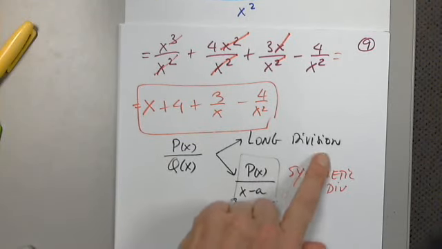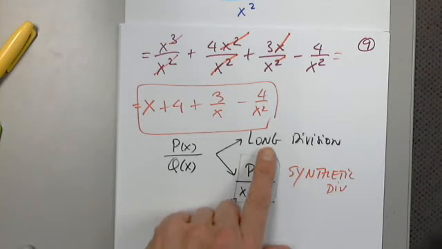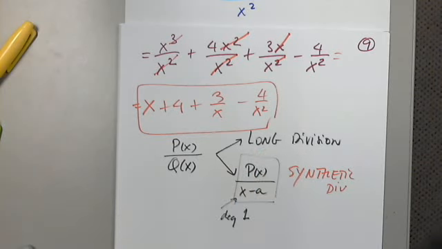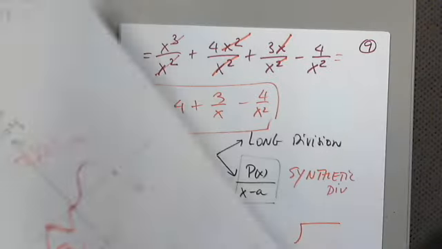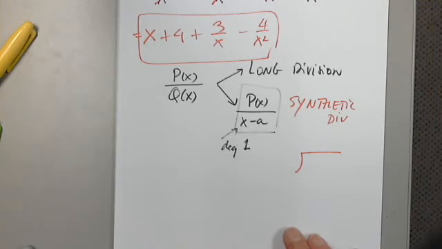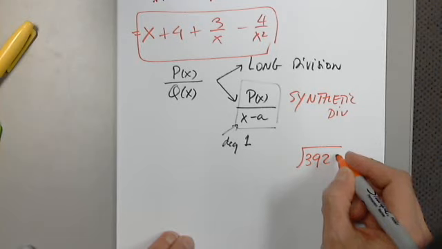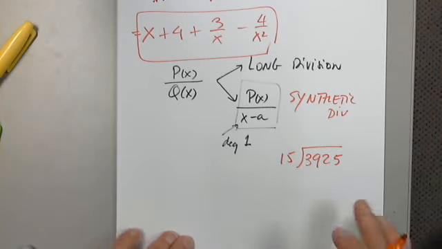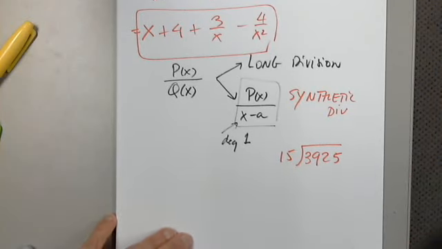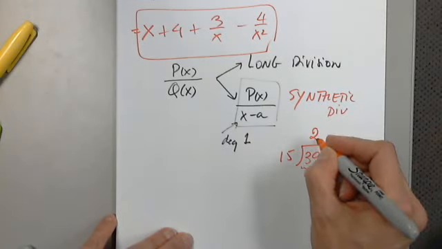Now, let me refresh your memory on a long division with examples, because you may ask, and it's a legitimate question. So let's say if I want to divide two numbers, you can say, grab your calculator. True, but I just want to show you something. Let's say 3925, and I divide by 15. So I'll say 15 goes into 39 twice.